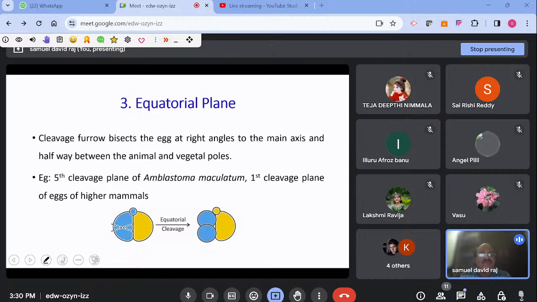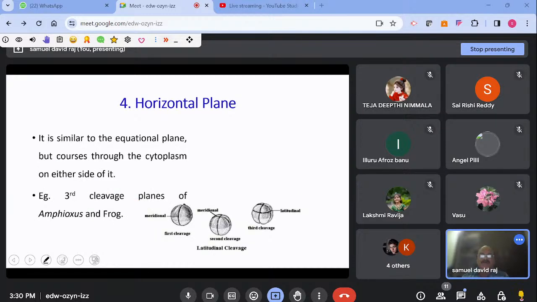Even the equatorial division results in two equal sized daughter cells. Examples are the first cleavage plane of eggs of higher mammals and the fifth cleavage plane of Amblystoma maculatum, which is a salamander. And then the horizontal plane.